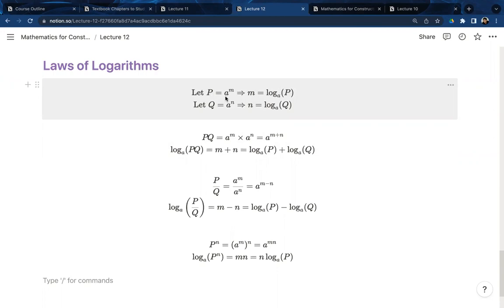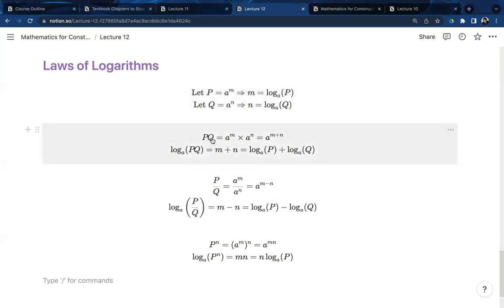So what I'm doing is changing it from the exponential form to the logarithmic form. This is an exponential equation here, q equals a to the power n. The logarithmic form of this is log of the base to the answer. That's what the power is.